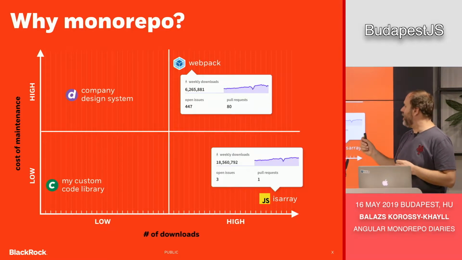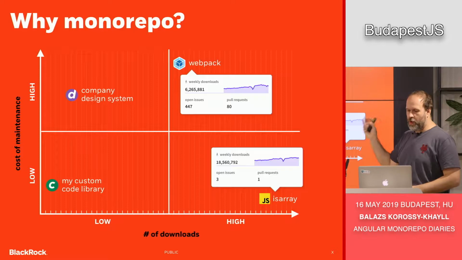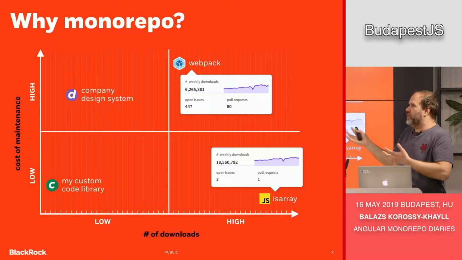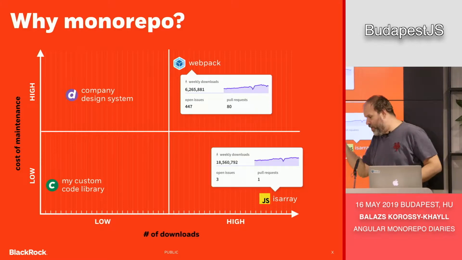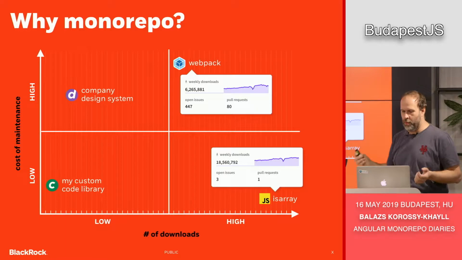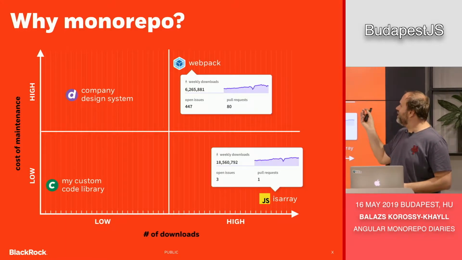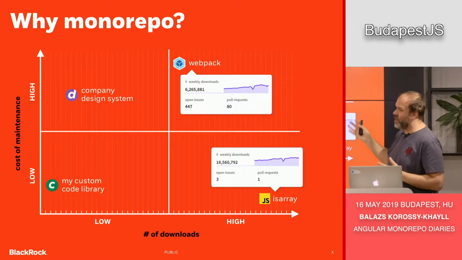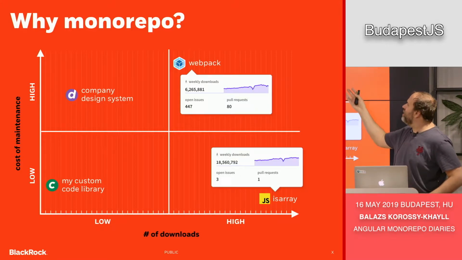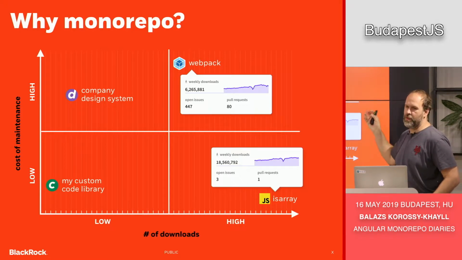So consider a case where you have some common problem, like Webpack. Webpack is not the problem, right? The problem that Webpack solves is the common problem, and to some people Webpack is a problem, but there's a common problem that people solved in a way, and then a lot of people are using it.